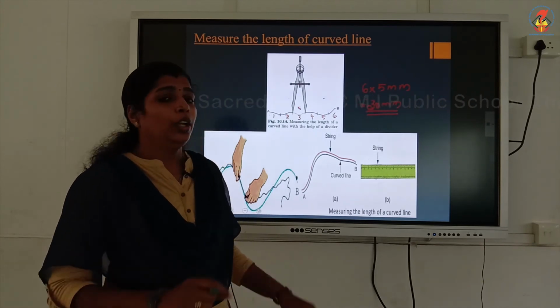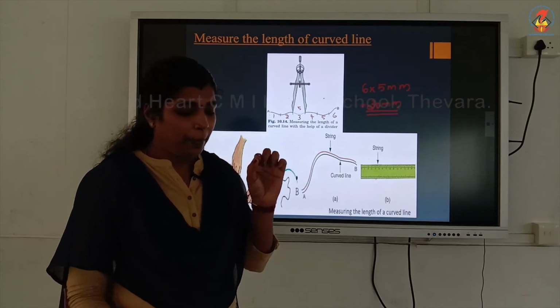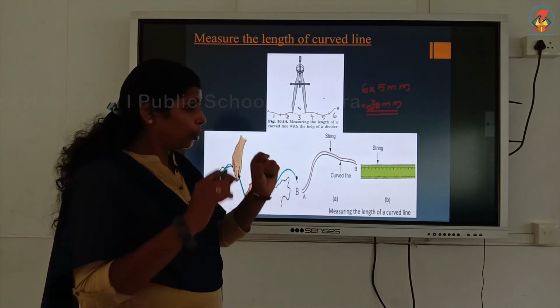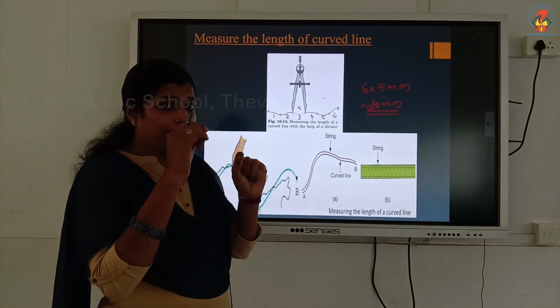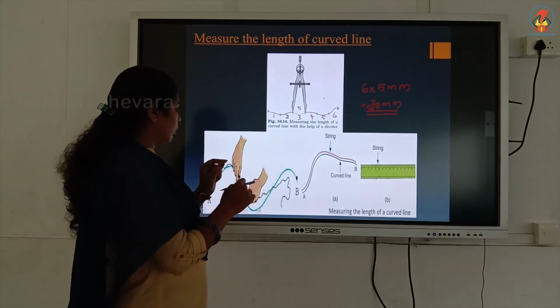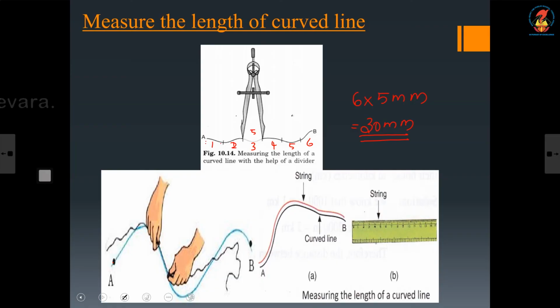You have to make a knot at one end of the thread and place that knot at the beginning of the curved line, that is point A.